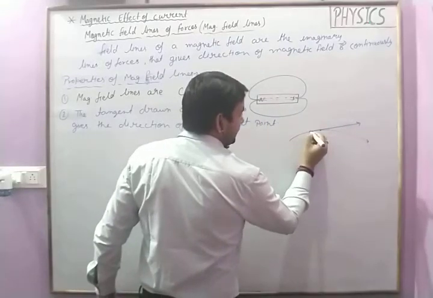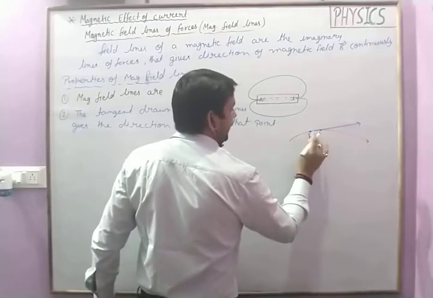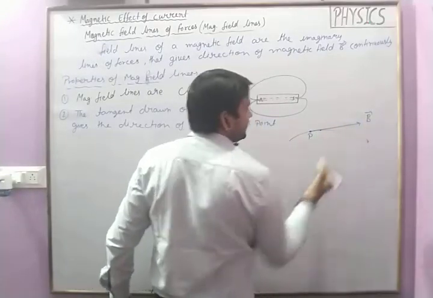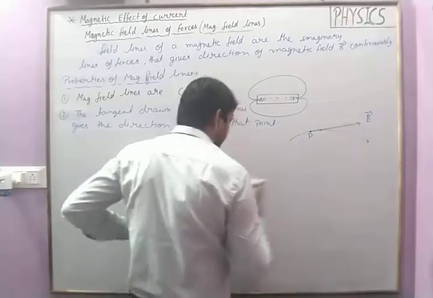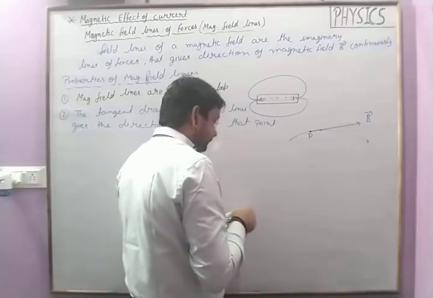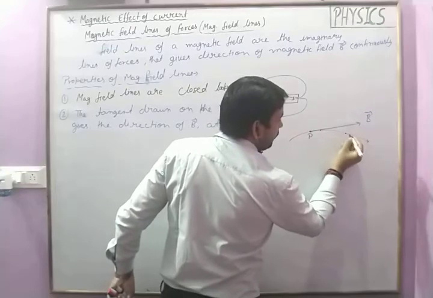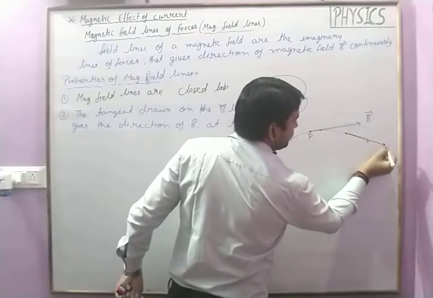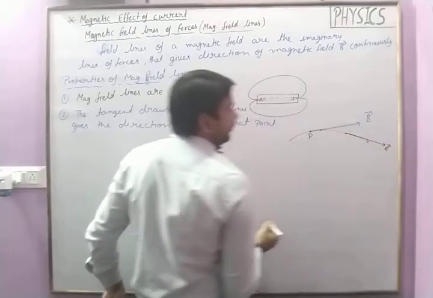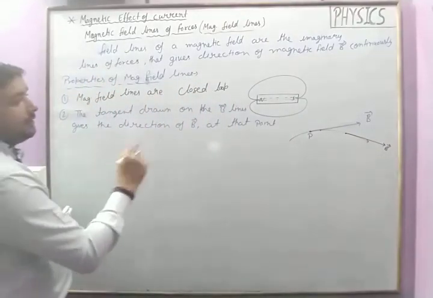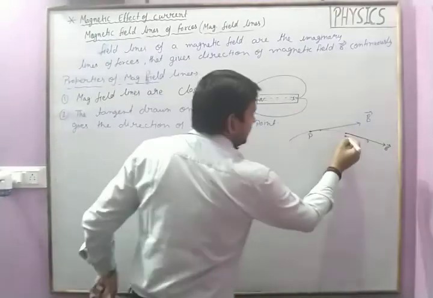This tangent gives the magnetic field at point P. Similarly, at another point, say Q, the tangent drawn from that point gives the direction of the magnetic field there.